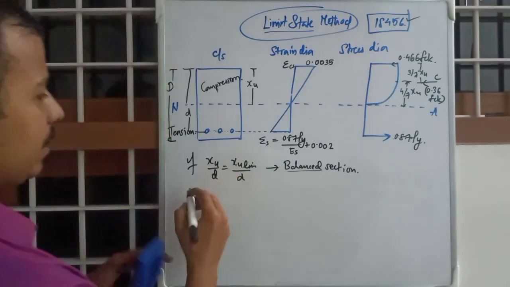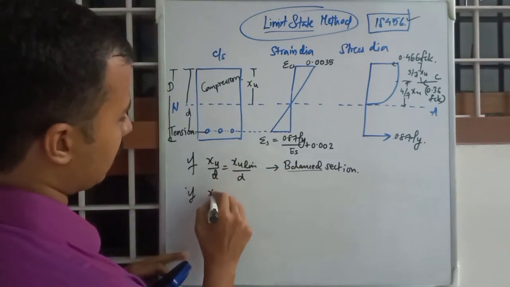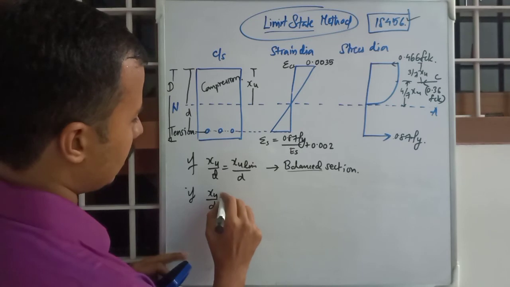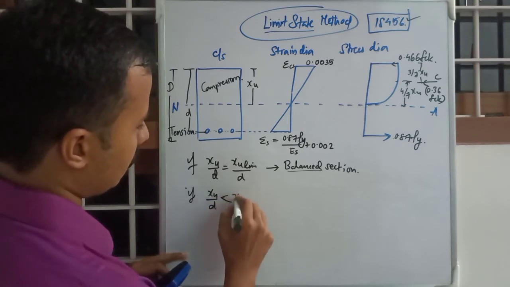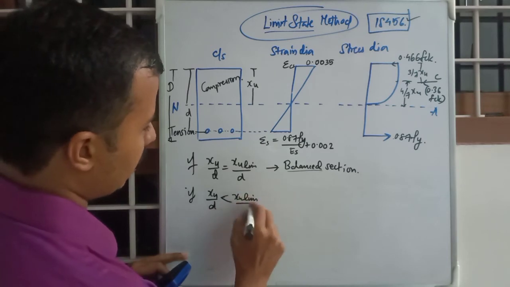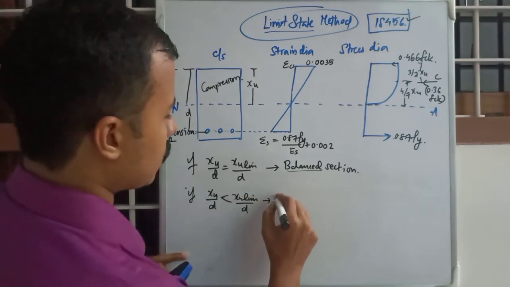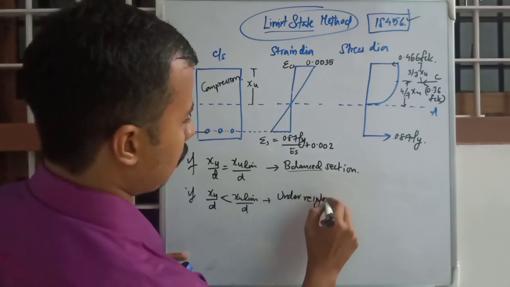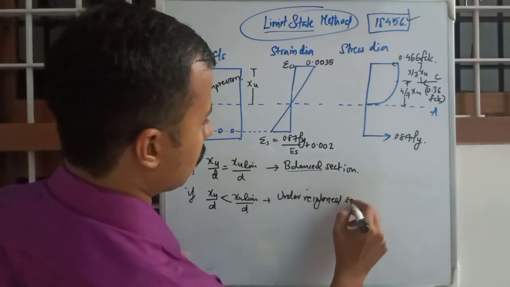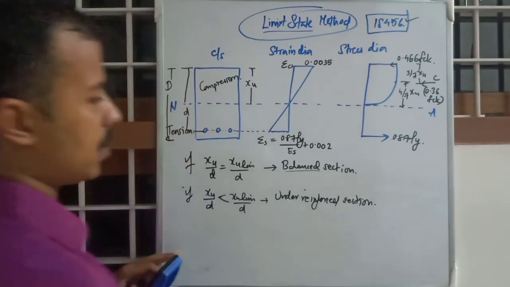Next case, if Xu by d is less than Xu limit by d, then it is known as an under reinforced section.